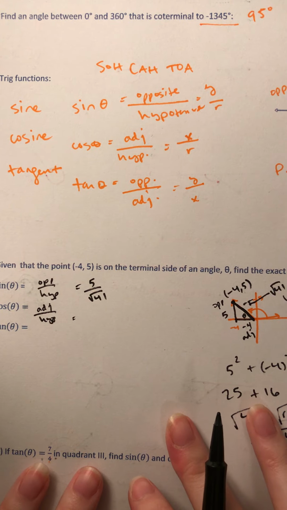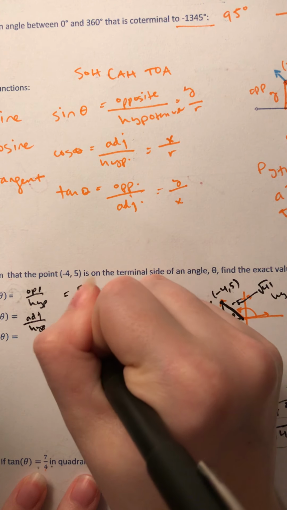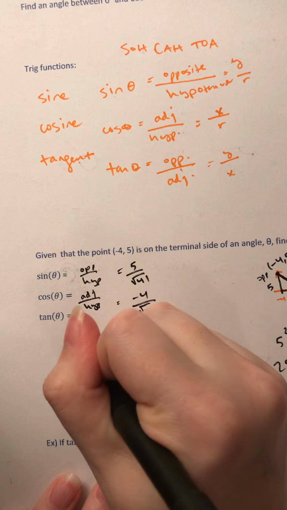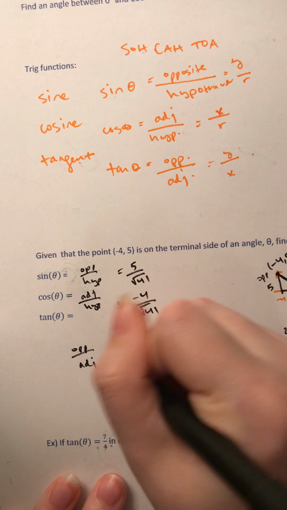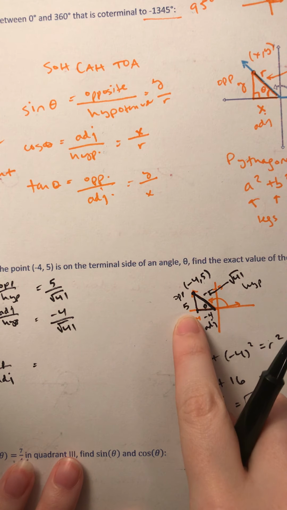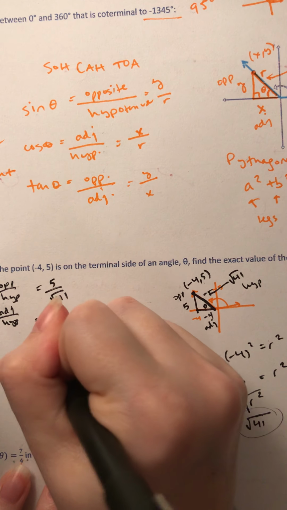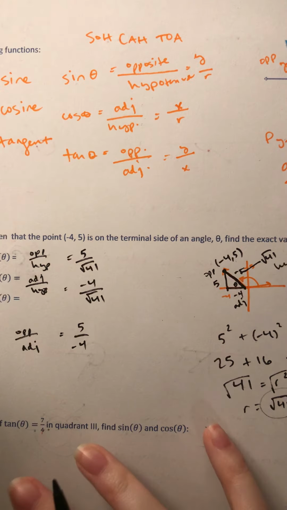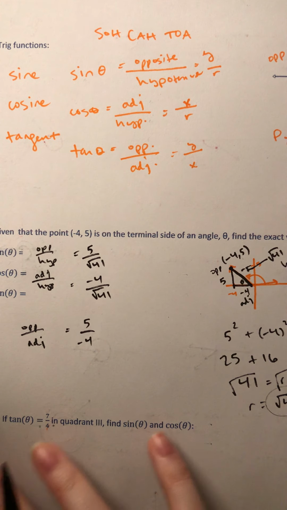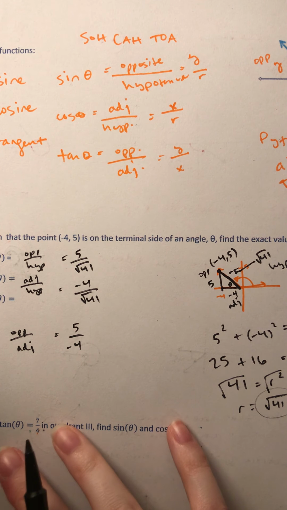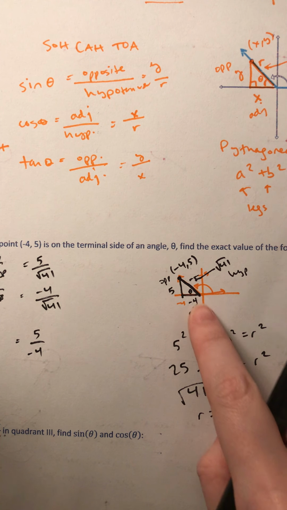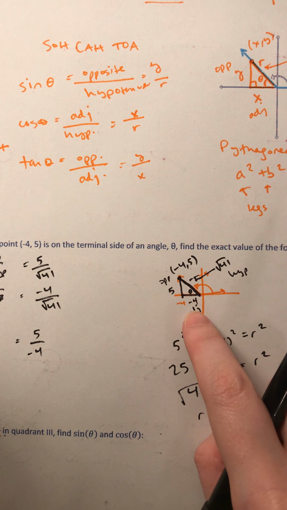So adjacent over hypotenuse would be -4 over root 41. And then tangent is opposite over adjacent. Our opposite side is 5, adjacent is -4, so 5 over -4. And that's it. All we're having you guys do initially is just identify the pieces. So you're going to have to do a little bit of work with the Pythagorean theorem to find the hypotenuse in some problems, or maybe a different missing side.